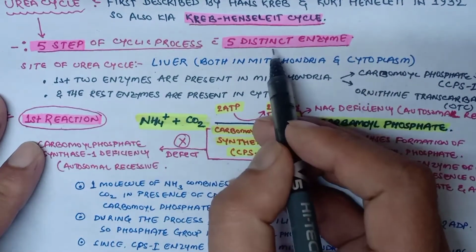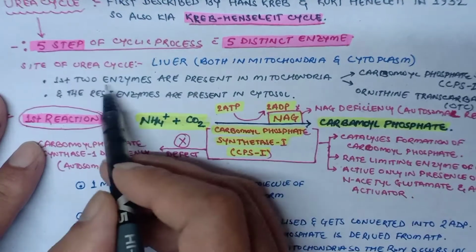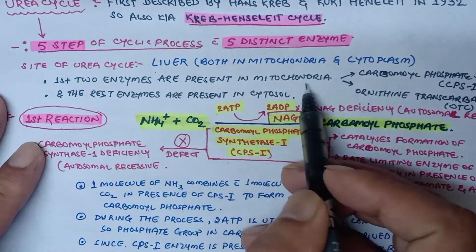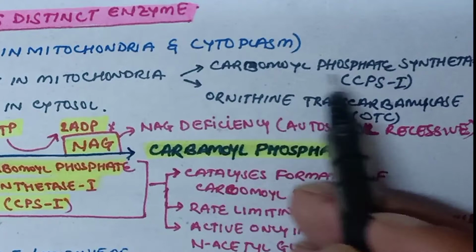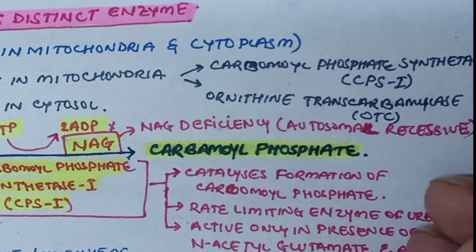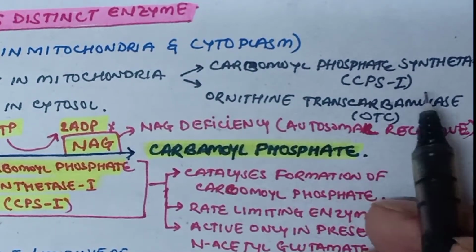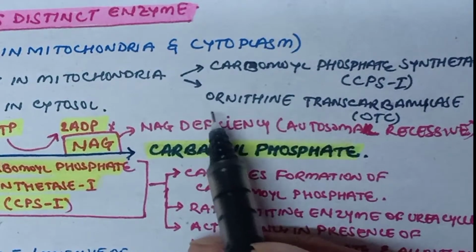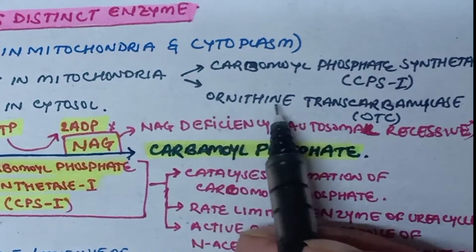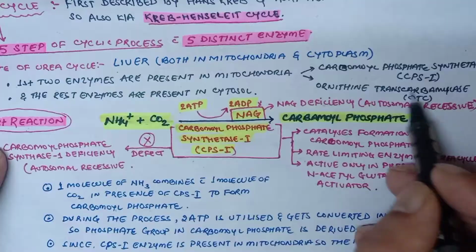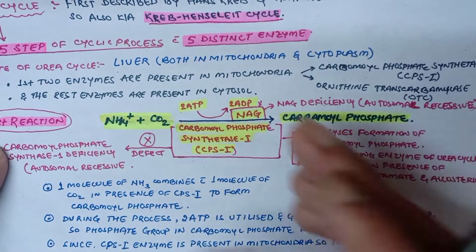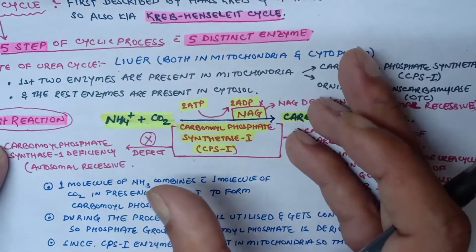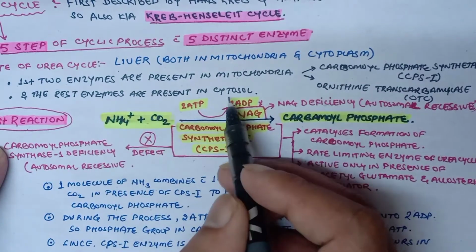Out of 5 enzymes, the first 2 enzymes are present in the mitochondria, that is carbamoyl phosphate synthetase type 1, that is CPS type 1, and the other one is ornithine transcarbamylase, that is OTC, and the rest of the 3 enzymes are present in the cytosol.